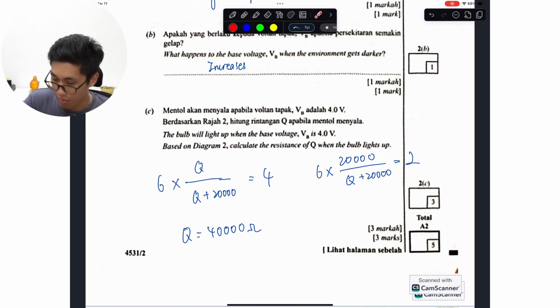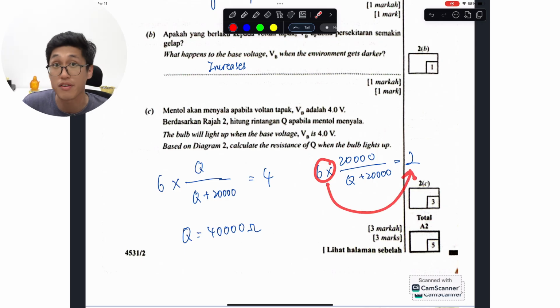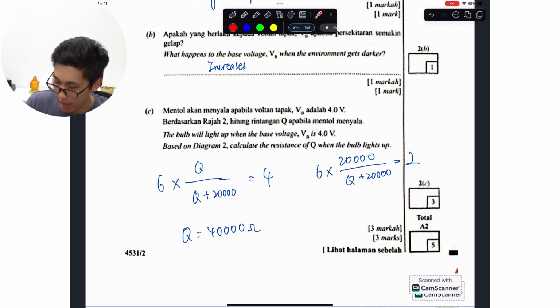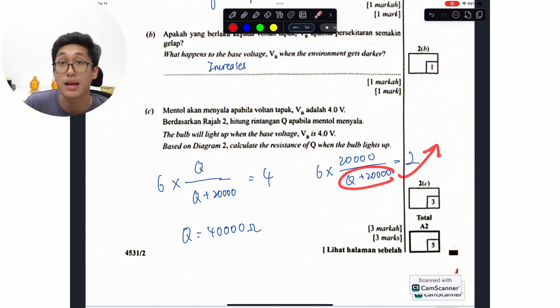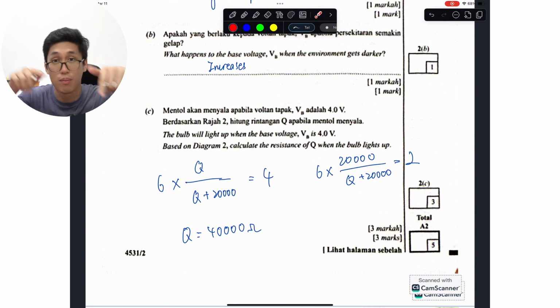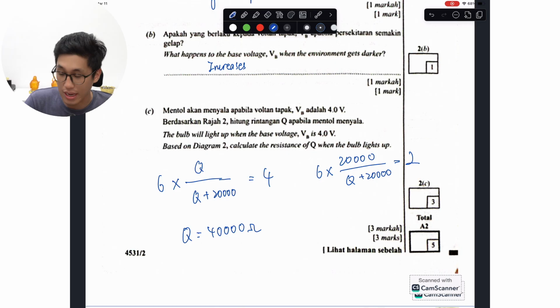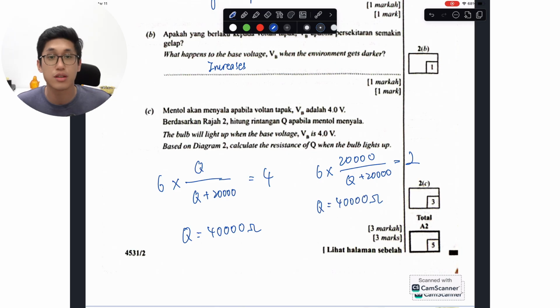Again, bring this here, it becomes divide, then bring this, multiply, expand the brackets, move things around, then you can get Q is also equal to 40,000. So I suggest you pause the video and try to do the calculation yourself to make sure you get this correct answer.